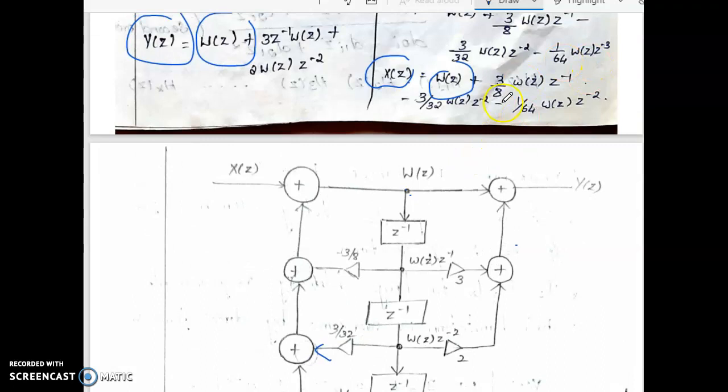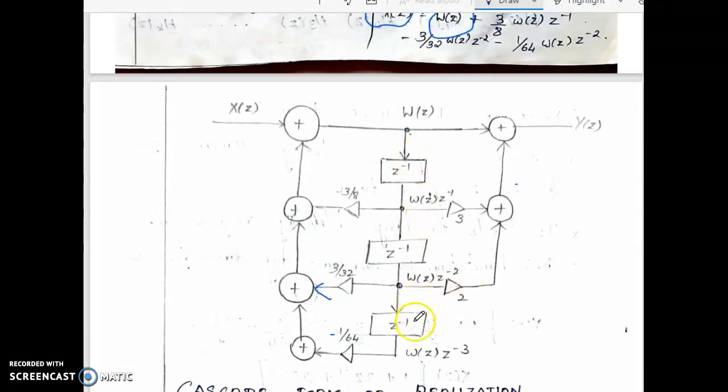Then it is added with minus 1/64 W(z)z^-3. It passes through three delays, so this point has W(z)z^-3 and passes through the scalar unit of 1/64. All combined together to get this value, W(z).